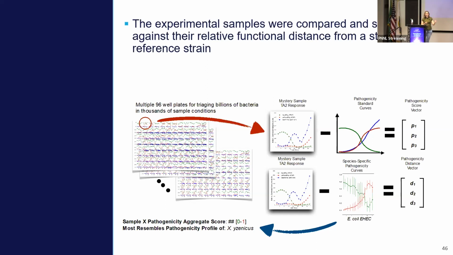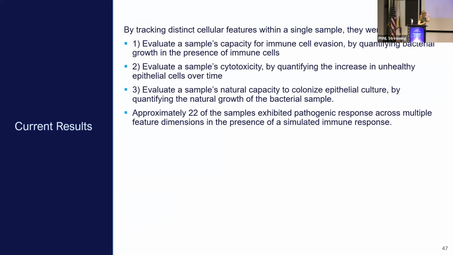We're being able to calculate, okay, we have all these other 95 unknowns. How are they comparing over time in the number of patterns or features that are associated with pathogenic bacteria compared to the E. coli? And they're able to calculate pathogenicity from that. So they were able to get a lot of interesting information on what these patterns are.